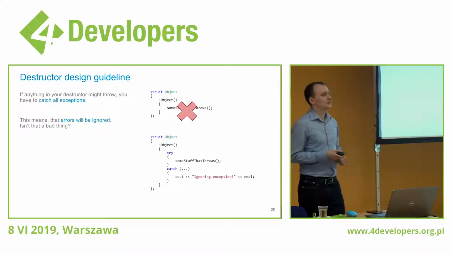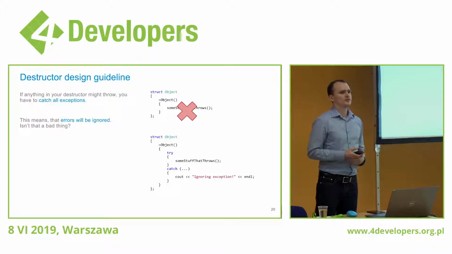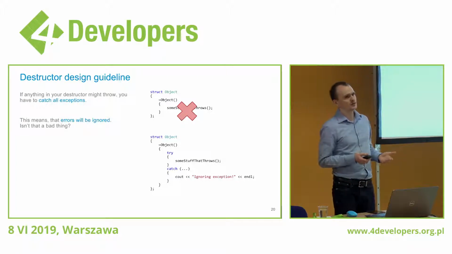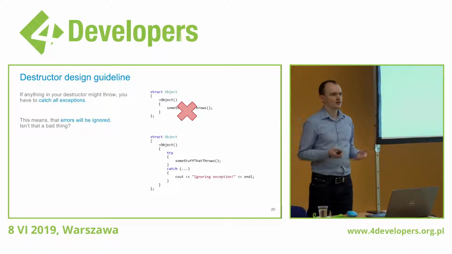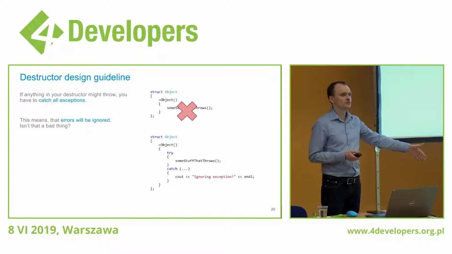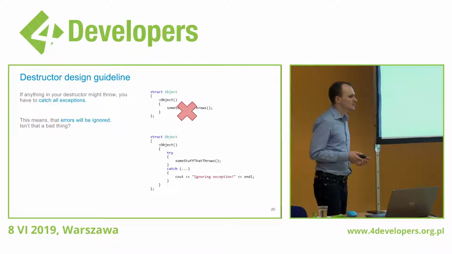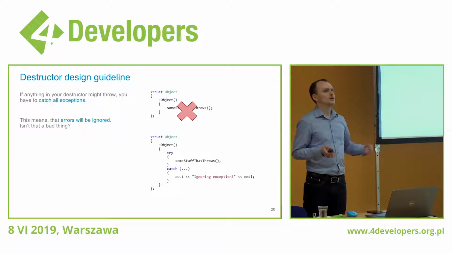Okay, so if you have code in a destructor that throws, what do you do? The only thing you can do is to catch the exception and ignore it. You can log it somewhere, but ultimately, you have to ignore it. There's no other way. So the question is, isn't it really bad that we are ignoring the errors?